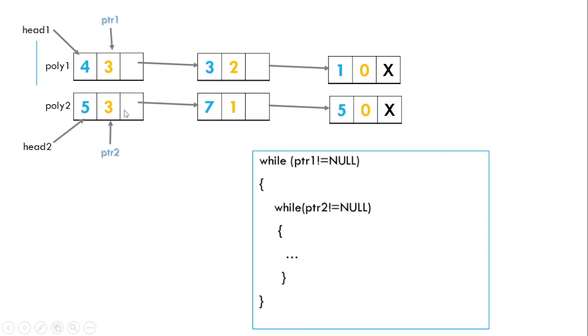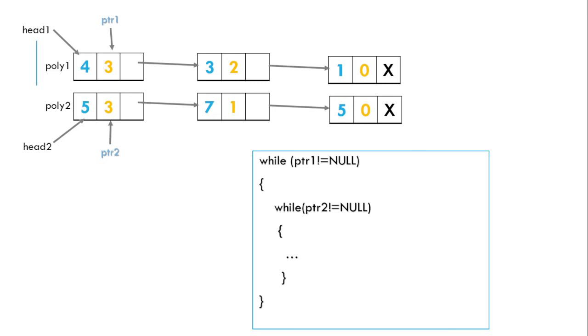So in this case, ptr1 points to the first node, and ptr2 points to the first node of the second linked list. In the outer while loop, ptr1 is at the first node. Then in the inner while loop, ptr2 traverses from the first node, second node and third node of the second linked list.